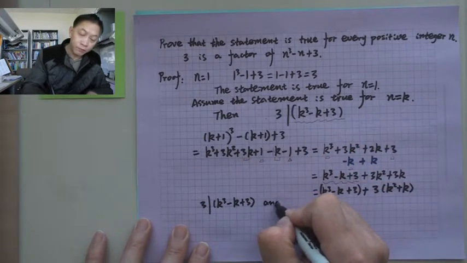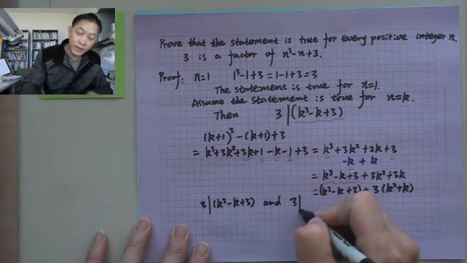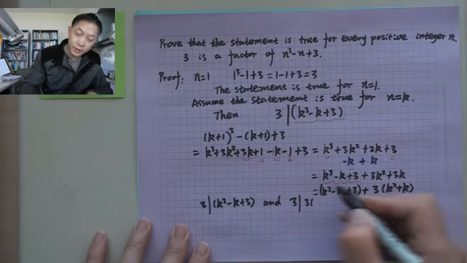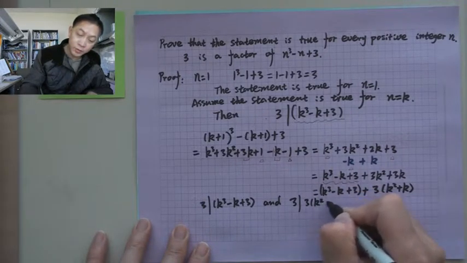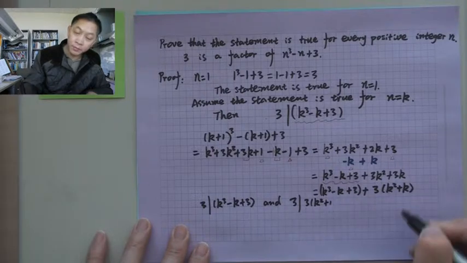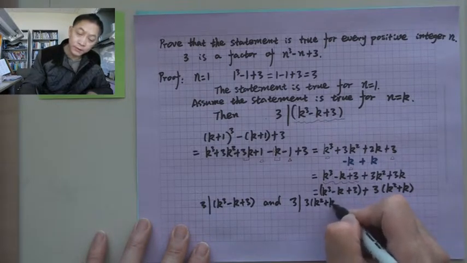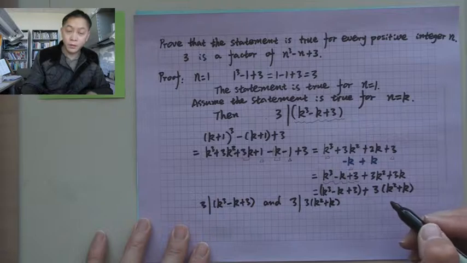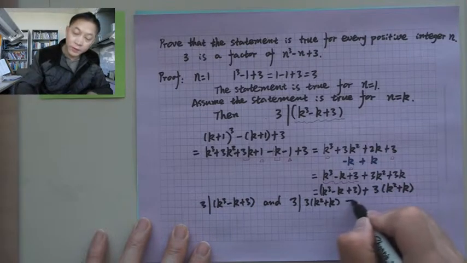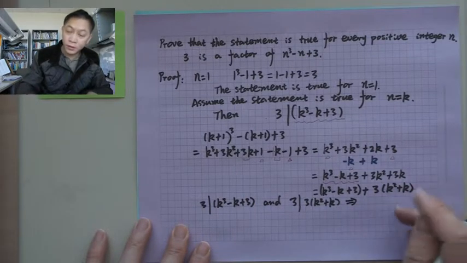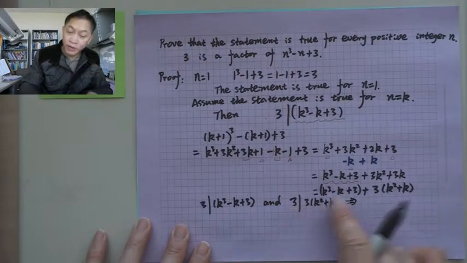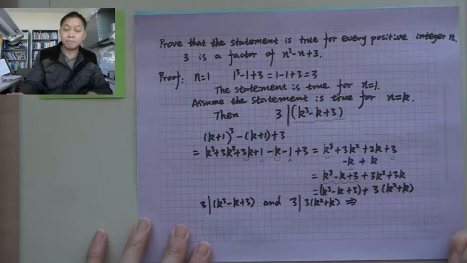And 3 divides 3 times k squared plus 1 times k right here, so then this gives us 3 divides the sum.